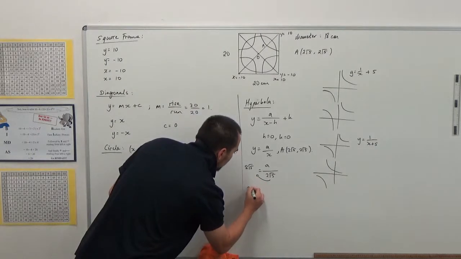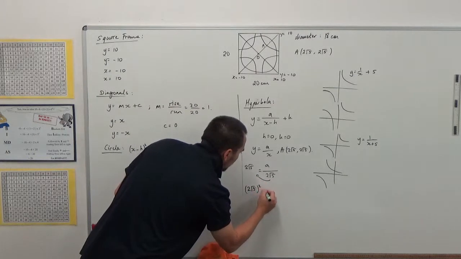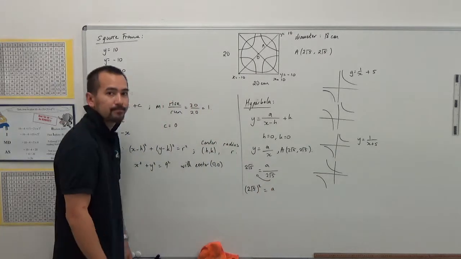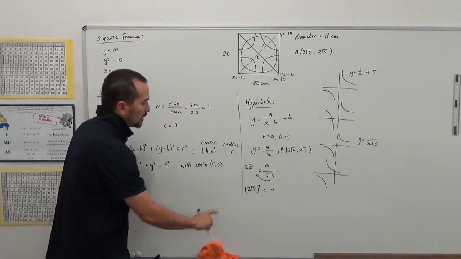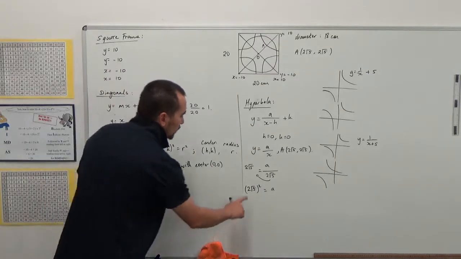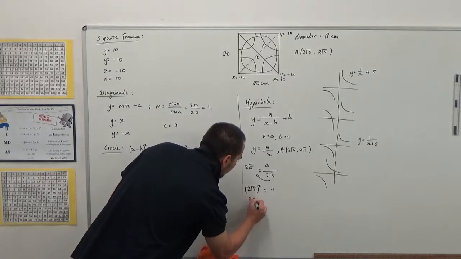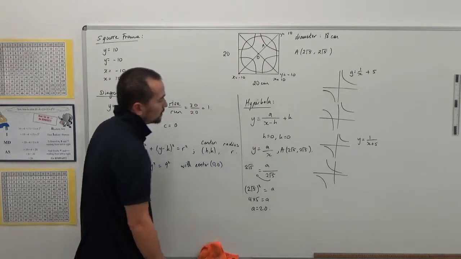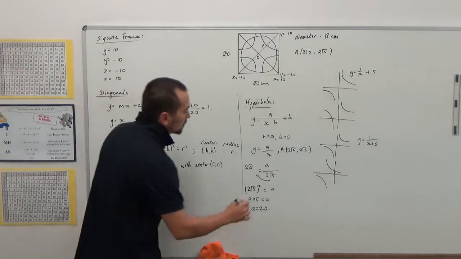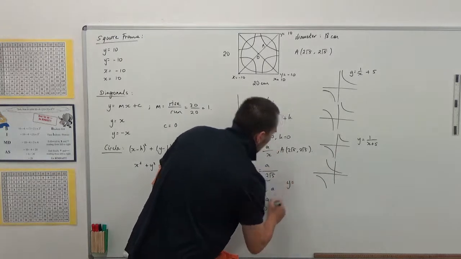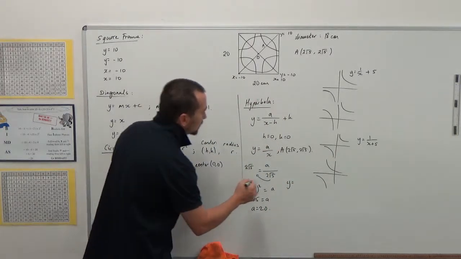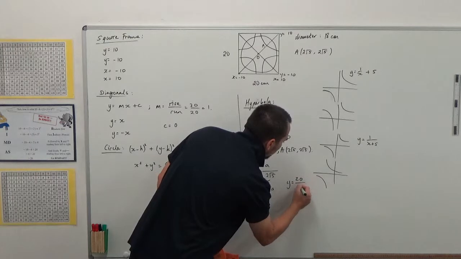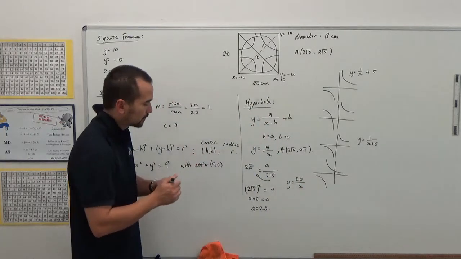We get (2 root 5) squared is equal to a, and 2 squared is 4, root 5 squared is 5, so a is equal to 20. So our final function for the hyperbola is 20 over x.